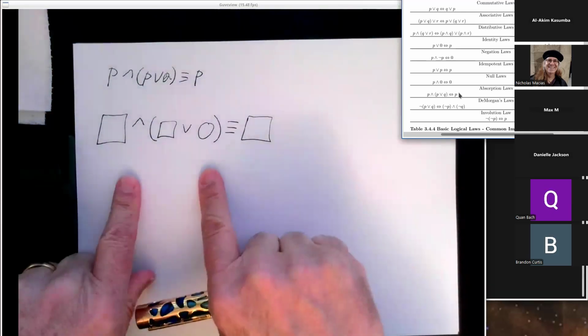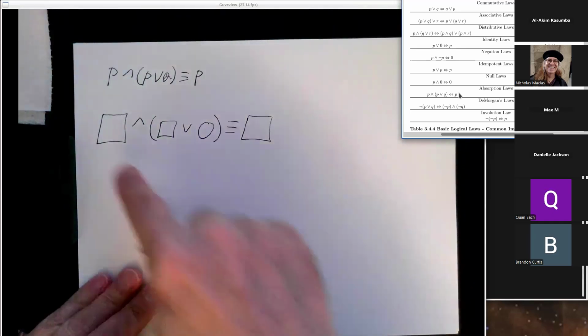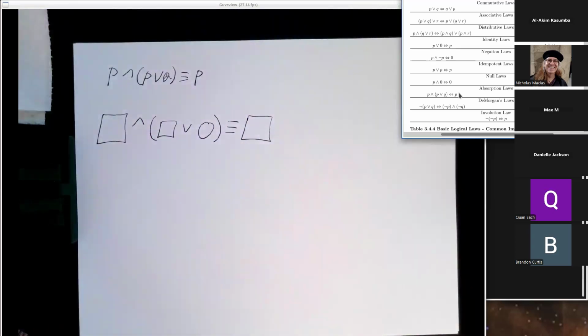Okay, this is the same statement as that. It's still this absorption law. But by getting rid of the P's and Q's, it makes it easier sometimes to apply this identity to other expressions.